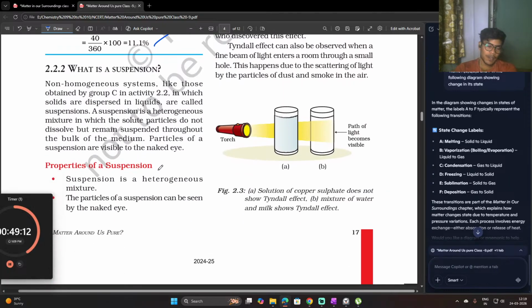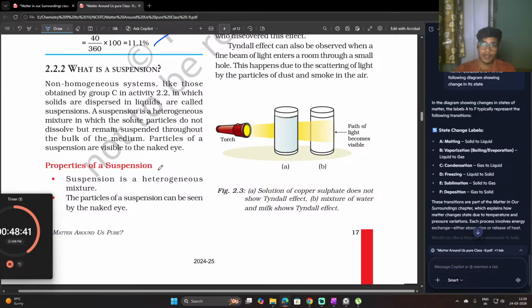So what is a suspension now? So what is suspension, guys? Non-homogeneous systems like those obtained by group C in activity 2.2, in which solids are dispersed in liquids, are called suspensions.